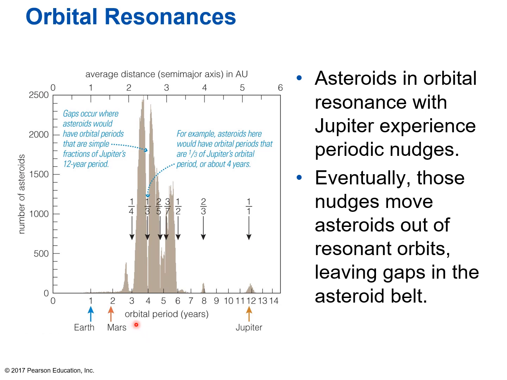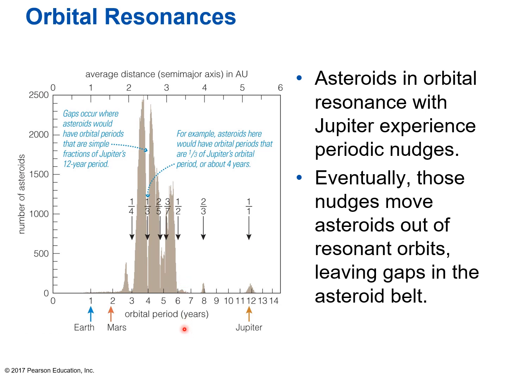What we see is that there are these gaps in the asteroid belt. At 1/4 of 12 years, there's a gap with no stable orbits. At 1/3 of 12 years, another gap. And then you can see at 2/5, 3/7, and 1/2, we see those gaps.